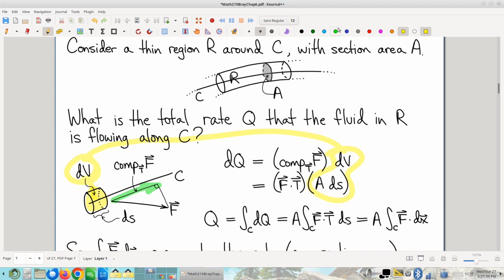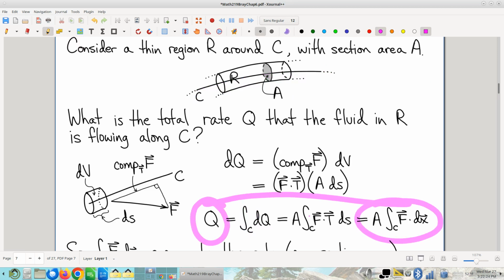And the extent to which it's flowing along the curve is literally a component, and components are computed with a dot product with the unit vector, in this case the unit vector along the curve, namely the unit tangent vector. So putting it all together and adding up over the entire curve, for all the little chunks of fluid, we get that this quantity is this expression right here. And I think this is where we ended last time.